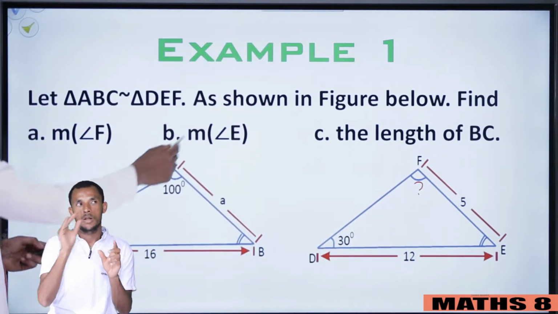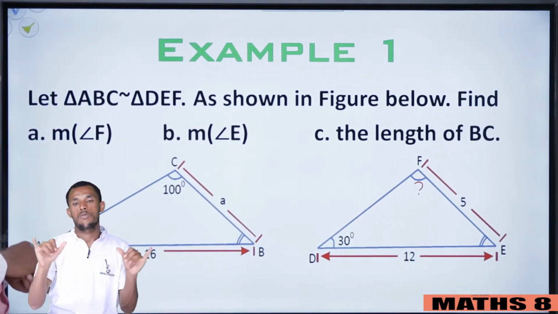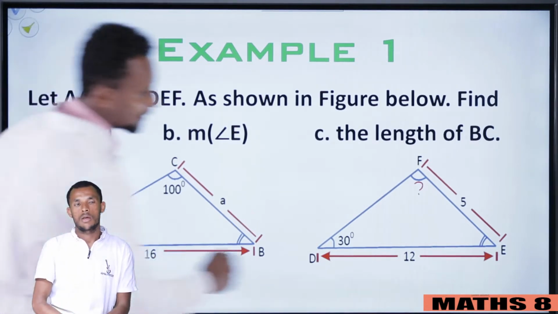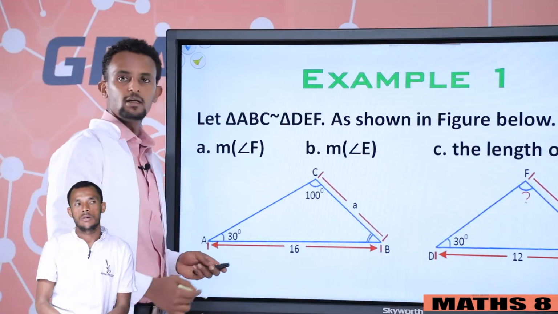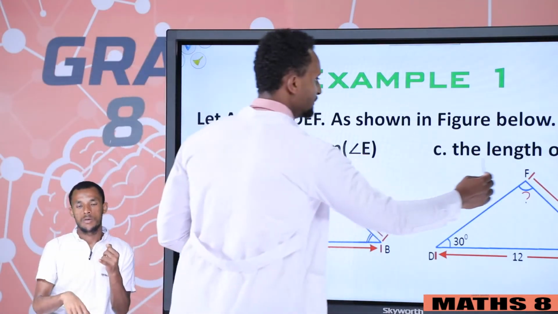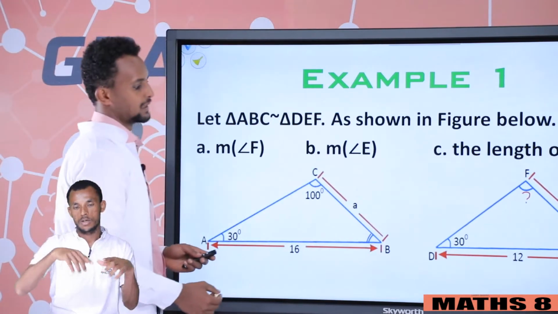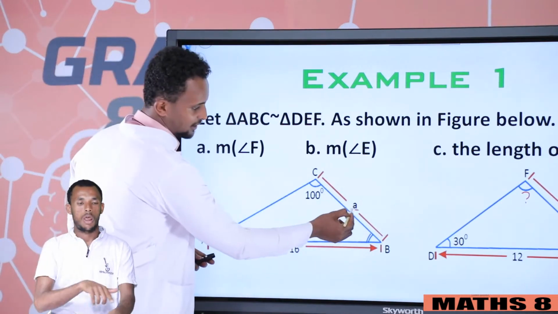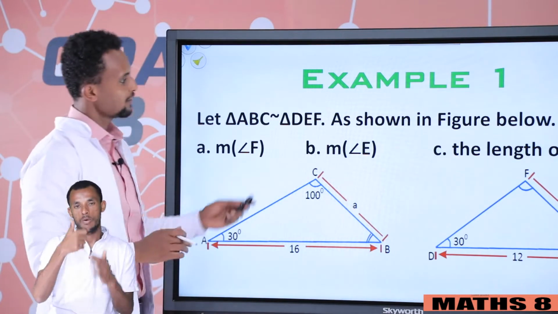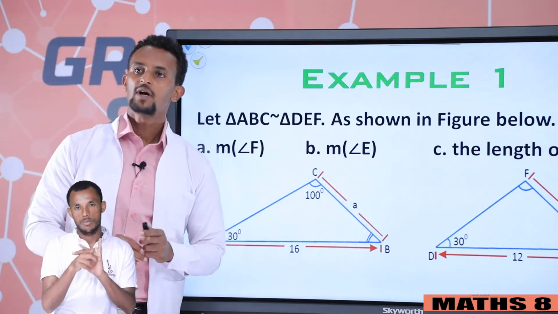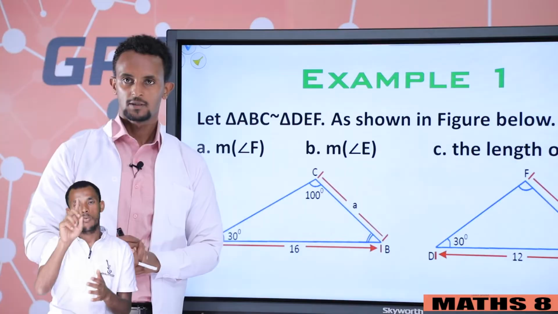And what is the measure of angle E? And the last one is the length of BC, that means the value of A. Before I do this example, try it for 1 minute.